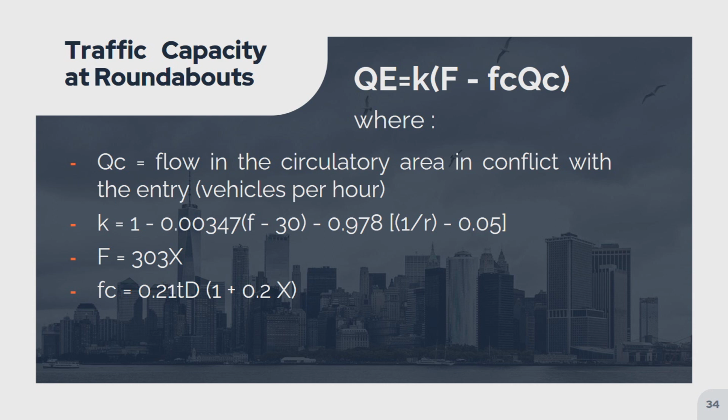0.00347 multiplied by the quantity of F minus 30 minus 0.978 multiplied by the quantity 1 over R minus 0.05, while F is 303X and FC is equal to 0.21 TD multiplied by the quantity 1 plus 0.2X.